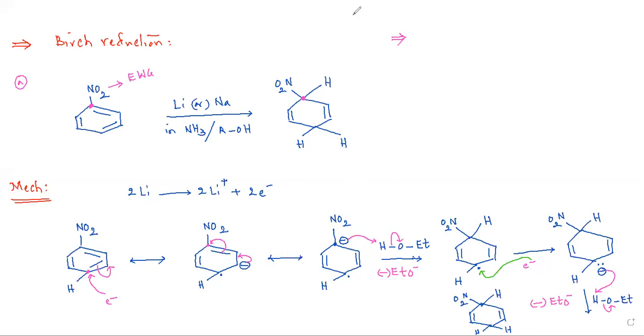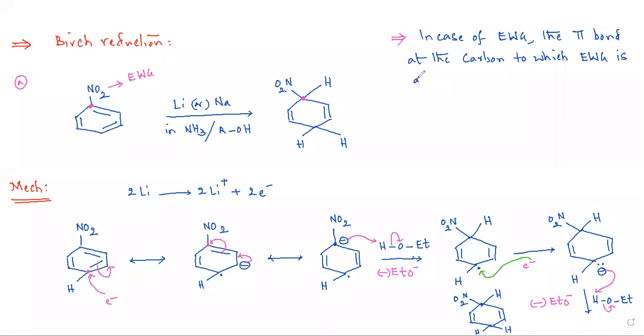Let me tell you one or two interesting points here. Point number one. In case of an electron withdrawing group, the pi bond at the carbon to which the electron withdrawing group is attached is withdrawn.